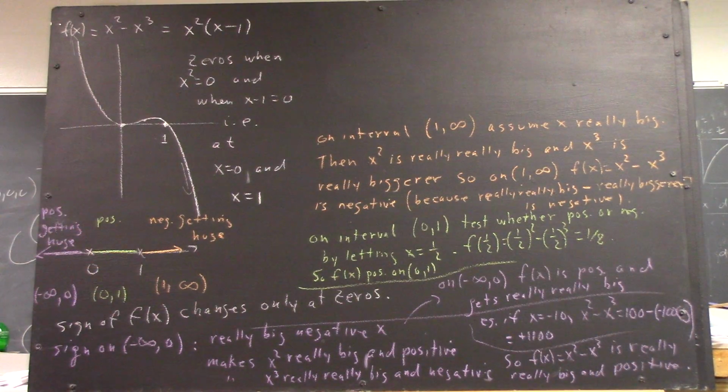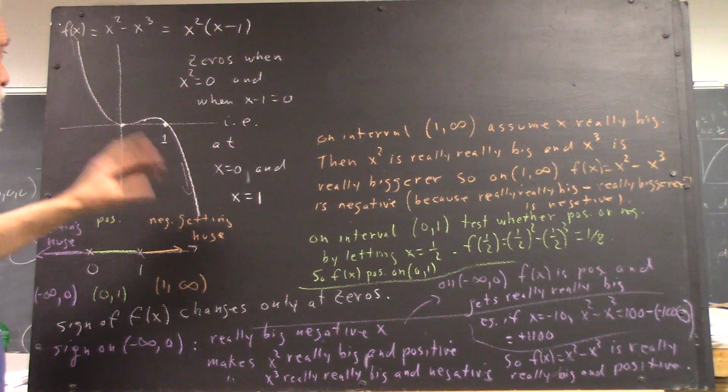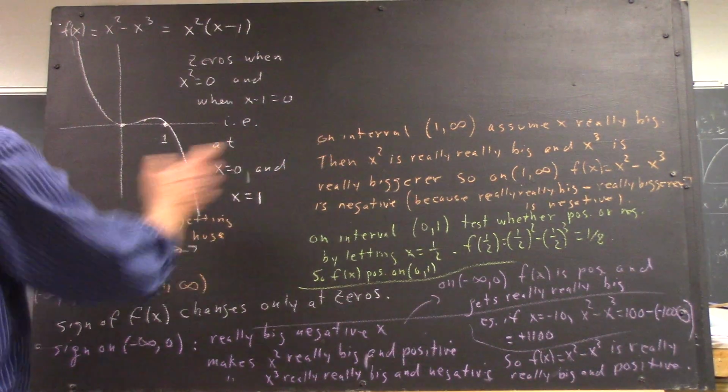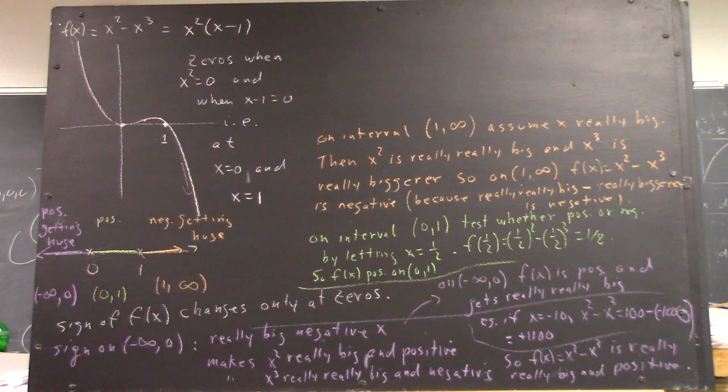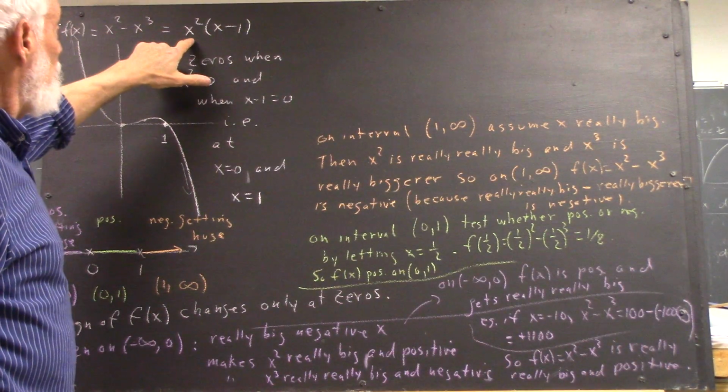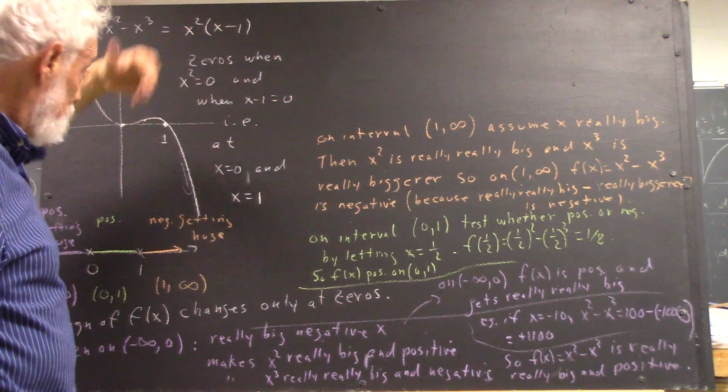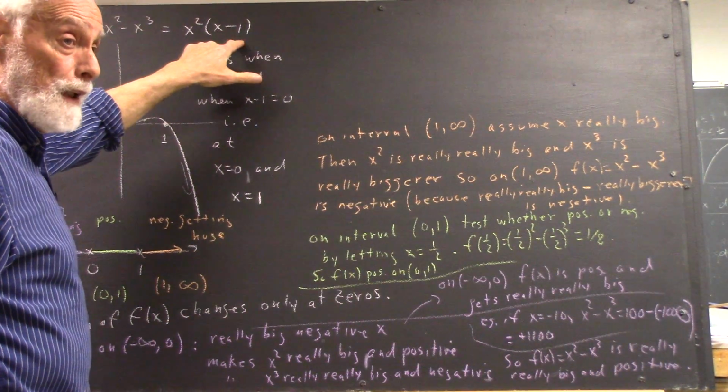So these 2 points divide the axis into 1, 2, 3 intervals. I've color-coded those intervals here. On the interval from 0 to the left, the function is positive and getting huge as we move to the left. Because if x gets really big, we have the square of x, which is much bigger, multiplied by x minus 1.